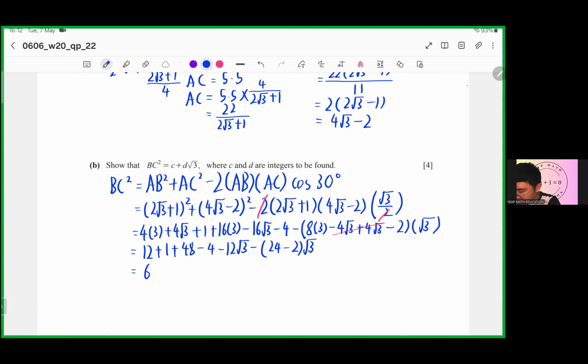Okay, so I will get 61 minus 12 sub 3, and then minus 24 minus, okay, 22 sub 3. After that, I will get 61 minus 34 sub 3.